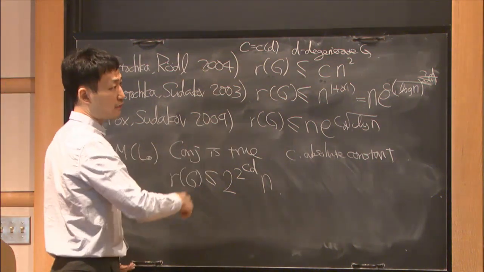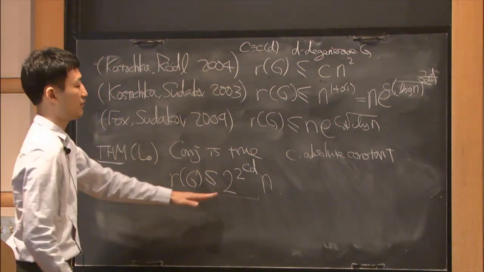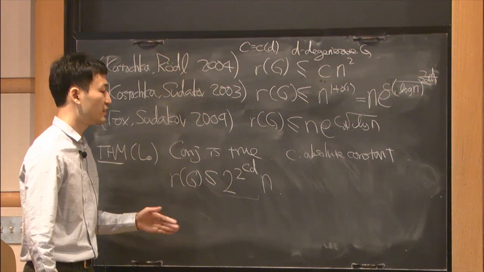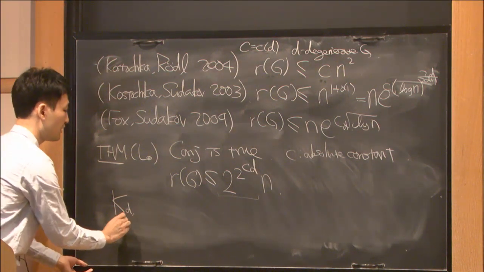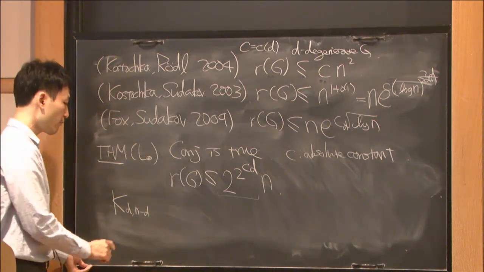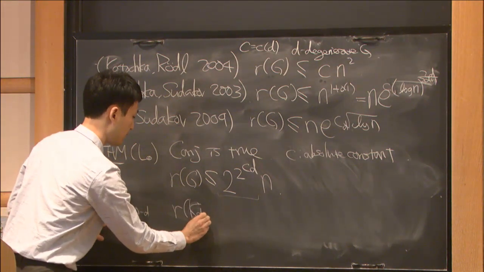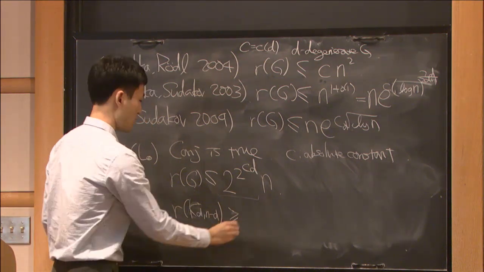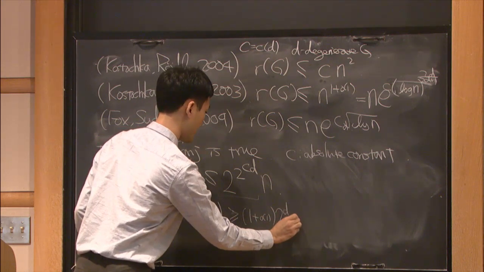As mentioned already, for bounded degree graphs, the best possible you can hope for on the other side is a single exponential. For degenerate graphs, it's even easier to see. If you consider the complete bipartite graph with d vertices in one part and n minus d vertices in the other part, then the Ramsey number of this graph is at least 1 plus little o of 1 times 2 to the d times n.